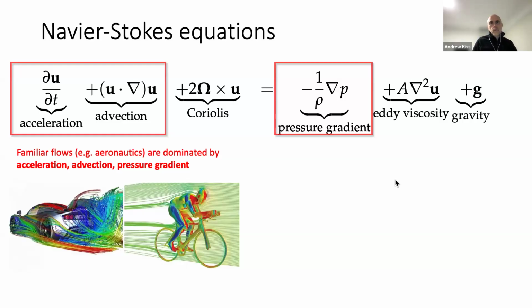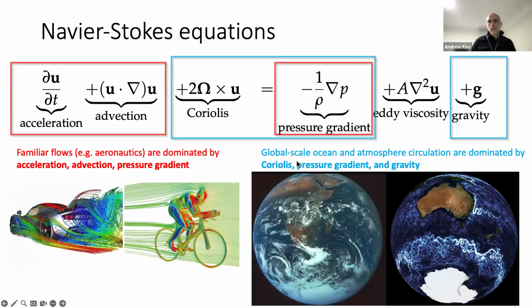And so you can see the pressure distribution on the front of this cyclist here. And in other situations, if you're pouring honey, you might have a flow which is dominated by pressure gradient and viscosity, for example. Whereas the situation on the Earth with the atmosphere and the ocean is actually very different.